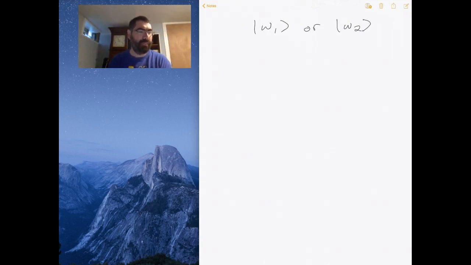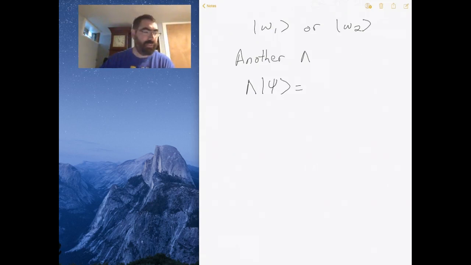So in the end, let's say I had another variable, not omega but lambda, and I apply lambda to our state psi, and it gives us some eigenvalue lambda sub i times the state lambda sub i.